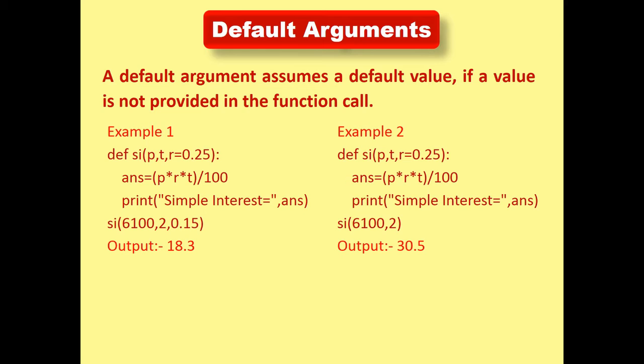It makes sense because we are using R is equal to 0.25, which means R is a variable which contains a default argument that is 0.25, and if it doesn't receive a value from the function call, the default value is assigned to the variable R.